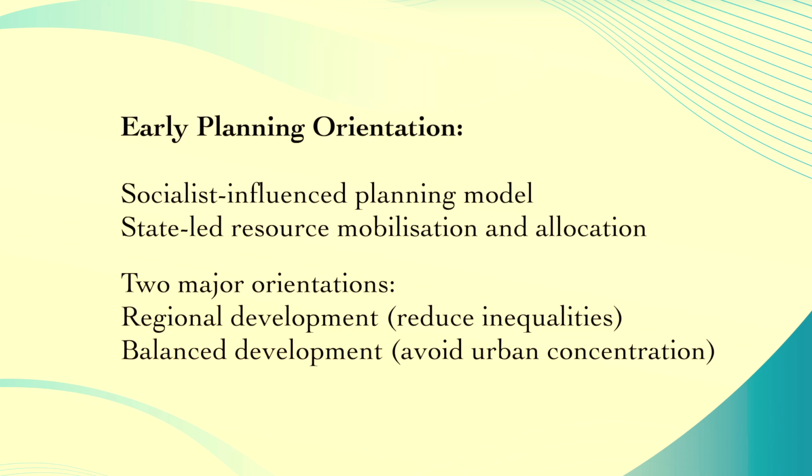One was regional development, which is to reduce inequalities between states, regions, rural versus urban areas, and the backward versus advanced areas, which was implemented mostly in the 1960s and 70s. And the second was balanced development, to avoid over-concentration of industry and urbanization, and spread development to rural areas, small towns, and peripheral regions.